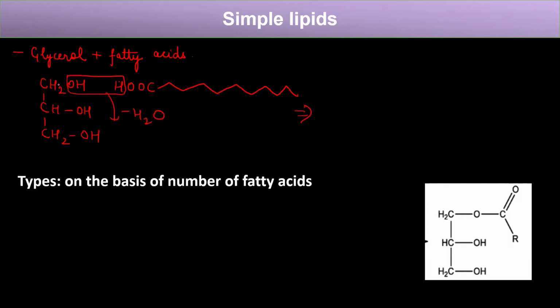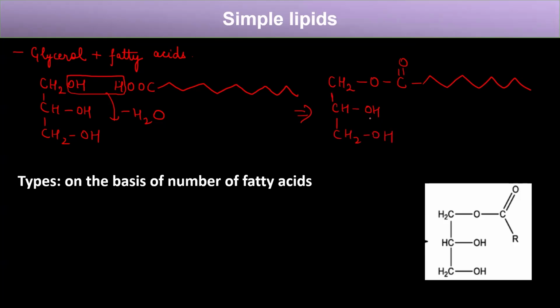And this leads to the formation of a bond, and it will look something like this. CH2O, CO, and then you have a long chain of hydrocarbon, and then here you have CHOH and CH2OH.